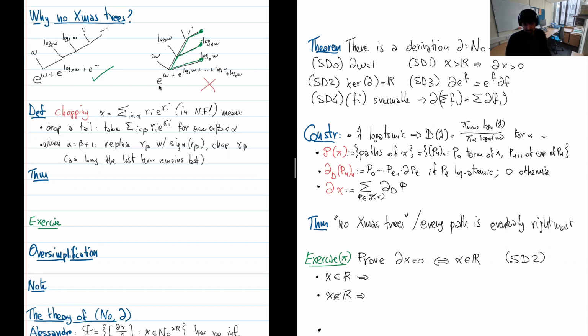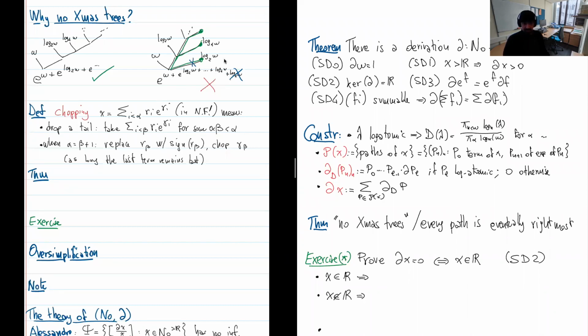So I can go to the exponent and chop the exponent. For example, I could decide to do this. This will be a way of chopping this surreal number. And in terms of this tree, that will mean I'm removing this branch here.